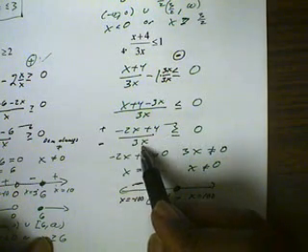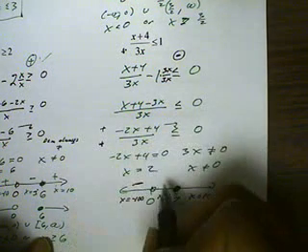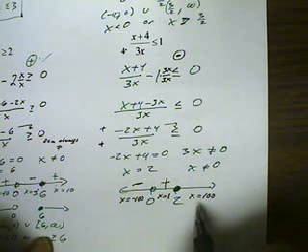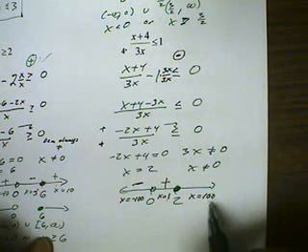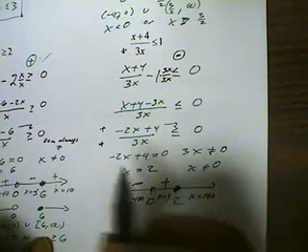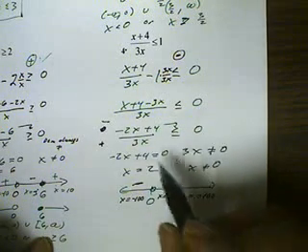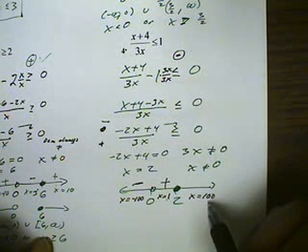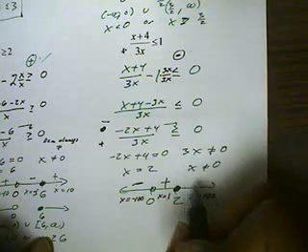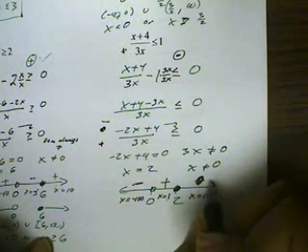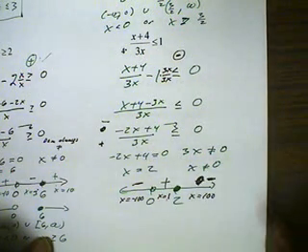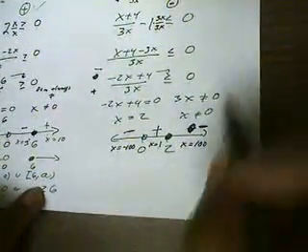And 3 times 1 is positive. So positive divided by positive is positive. Now 100. Negative 2 times 100 is negative 200 plus 4 is still negative. And 3 times 100 is positive. So negative divided by positive is positive. Sorry, negative divided by positive is negative. Sorry about that.